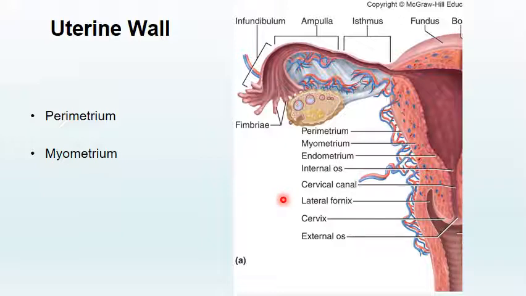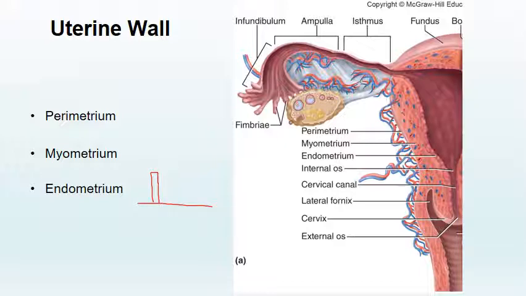The last layer is going to be the endometrium. So the endometrium is going to be our mucosal layer. This is made up of simple columnar epithelium. You guys are going to wish I had the tablet back here. So we have columnar cells, which are tall and narrow, and it's simple, so it's just one layer. So this would be our basement membrane.